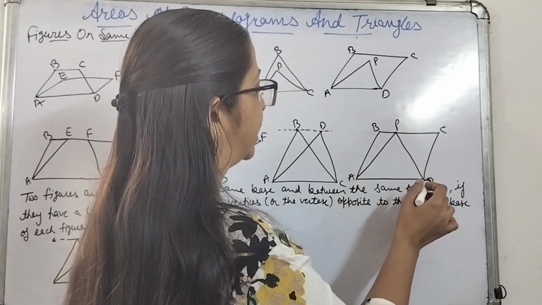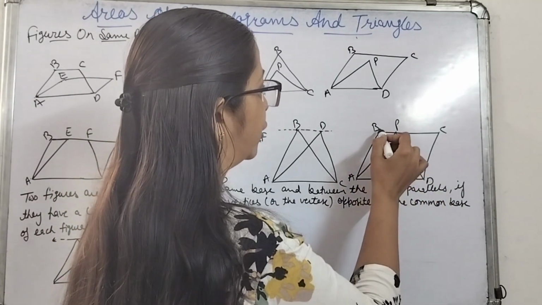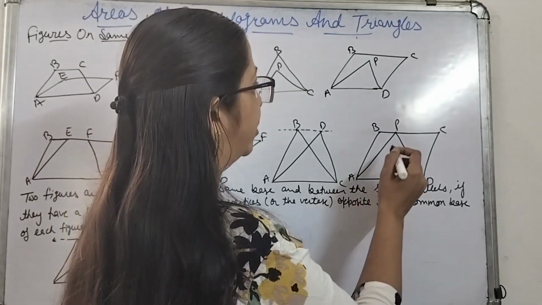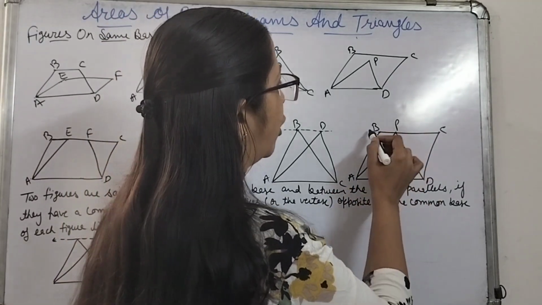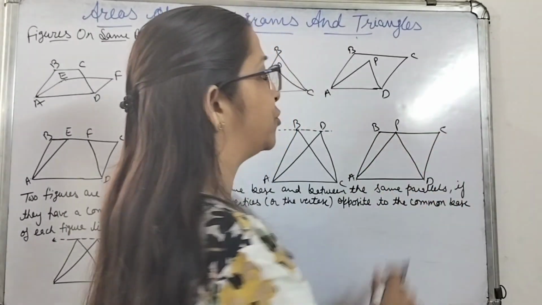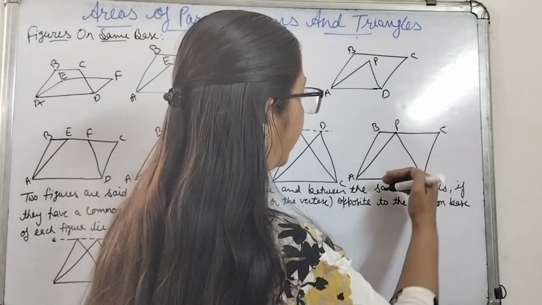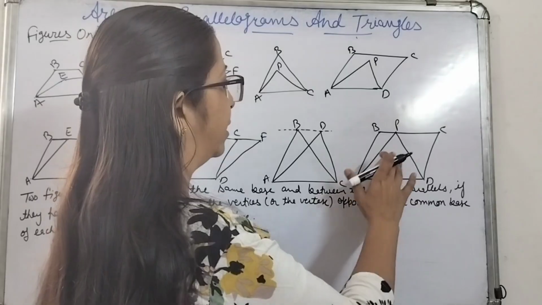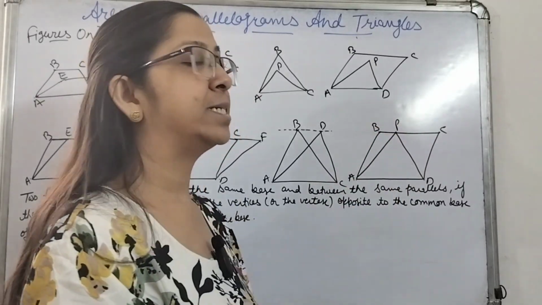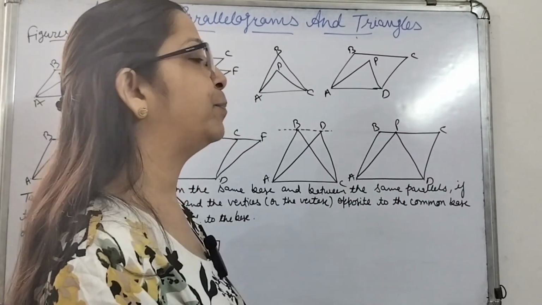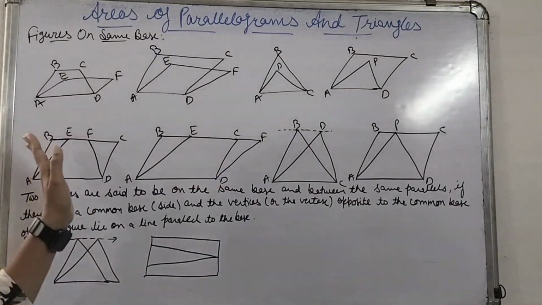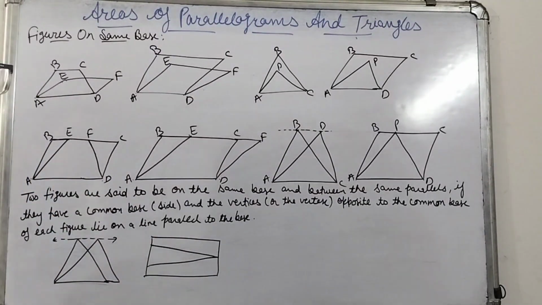The opposite vertices for the parallelogram are B and C, and the opposite vertex for the triangle is P. All these three lie on a straight line and this line is parallel to the base AD. That's the reason we say that the triangle and parallelogram are on the same base and between the same parallels. So how do we say that two figures are on the same base and between the same parallels?